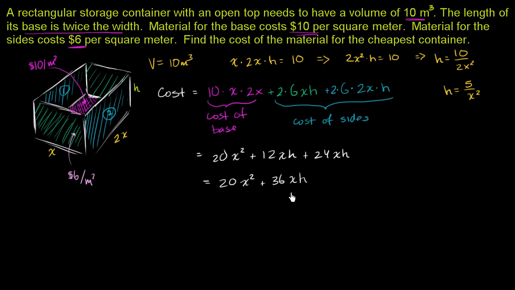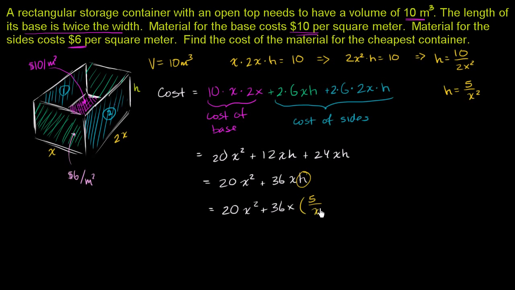And then we can substitute back right over here. h is equal to 5 over x squared. So all of this business is going to be equal to 20 times x squared plus 36 times x times 5 over x squared.